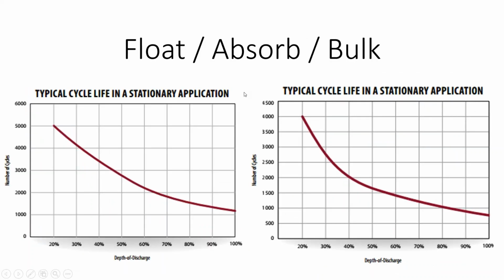Well, flooded lead acid batteries, they have 3 different stages. They call it the float stage, the absorb stage, and the bulk stage. And these also have a relationship to the voltage of the battery. Let's say that this is a 48 volt battery bank.